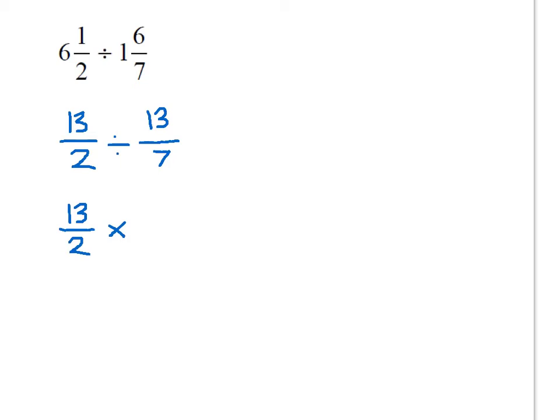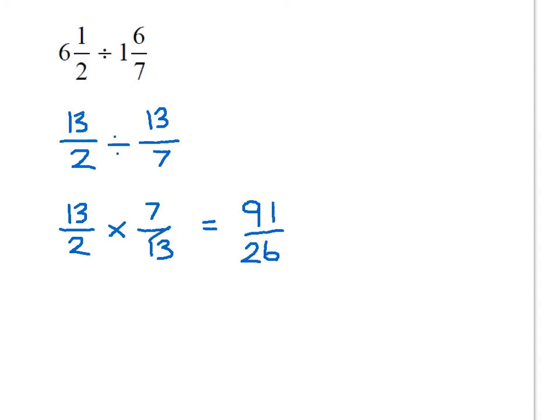So instead of 13 over 7, it's now 7 over 13. And then we can just multiply them together like any two normal fractions like we did a moment ago. 13 times 7 is 91, and 2 times 13 is 26.